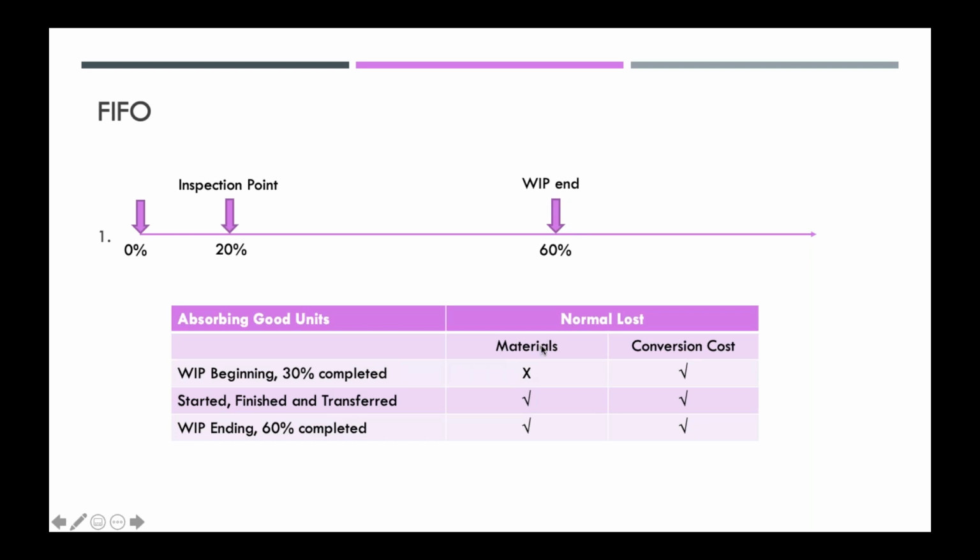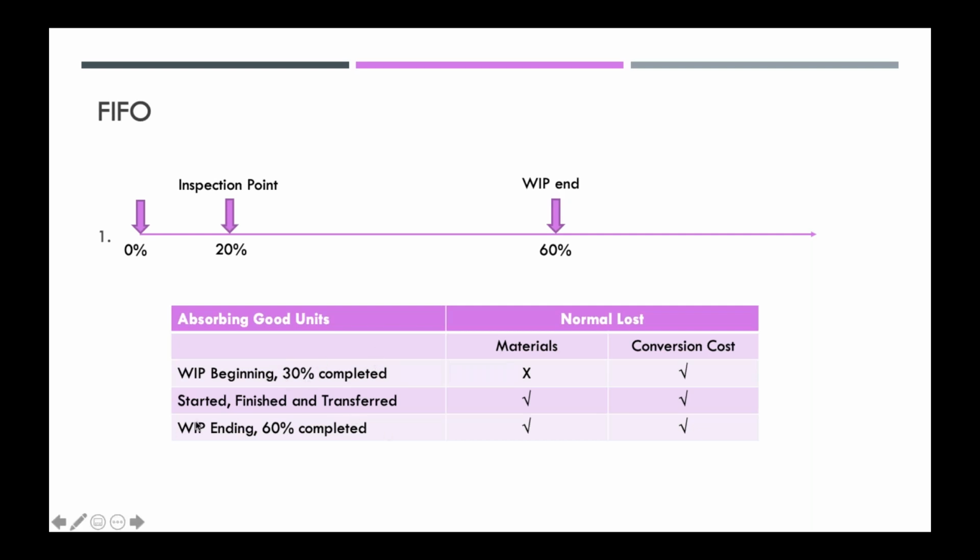In terms of materials, hindi nakasama si work in process beginning. Why? Even though it is 30% complete, which is beyond the inspection point, it was actually done already last month, hindi siya this month. Itong 20% natin is for this month only. So, nung nag-start tayo, nandiyan na yung work in process beginning natin, and that is already 30% completed.